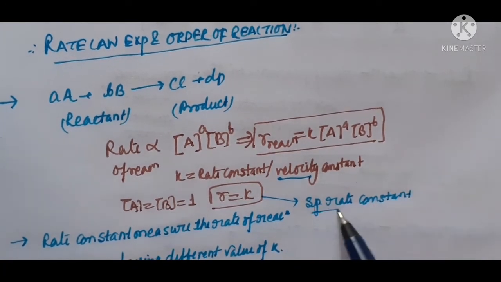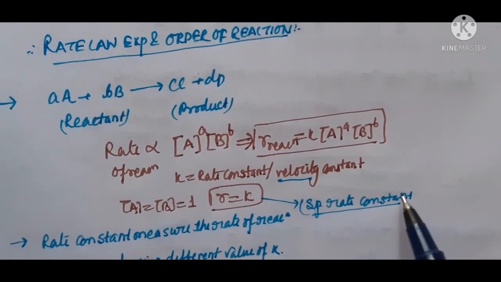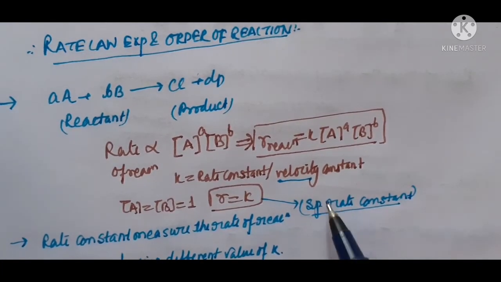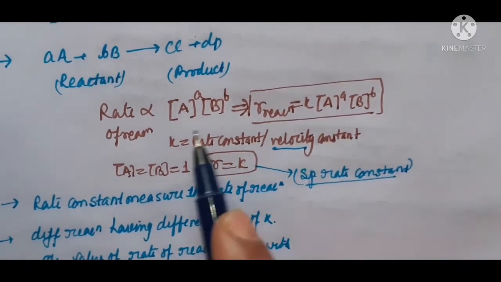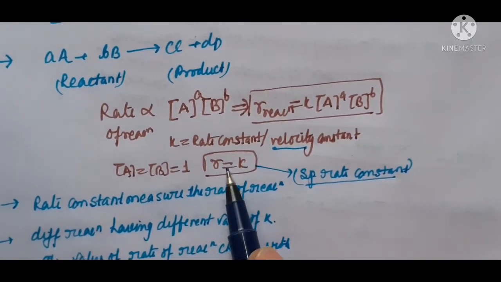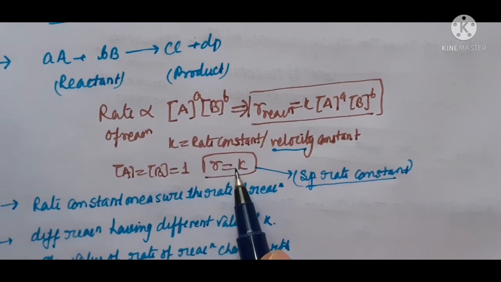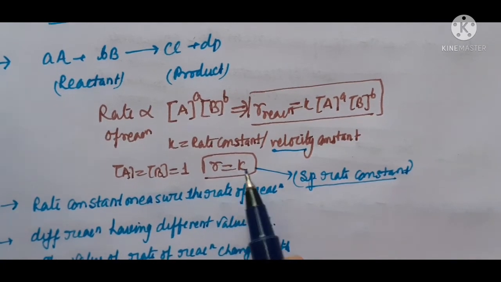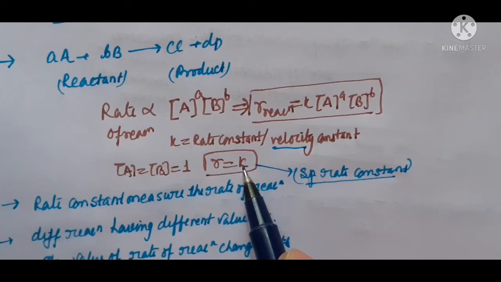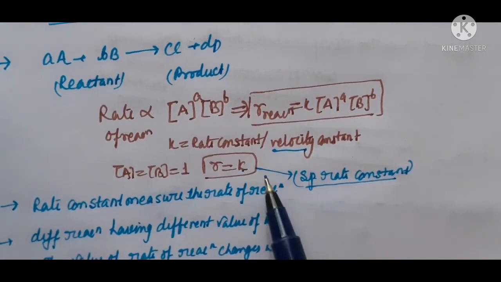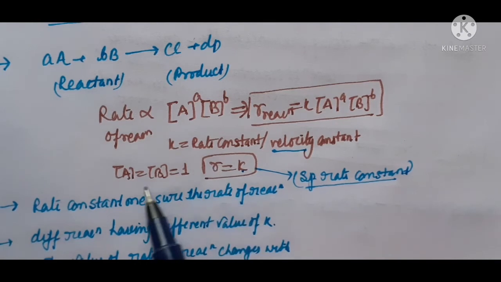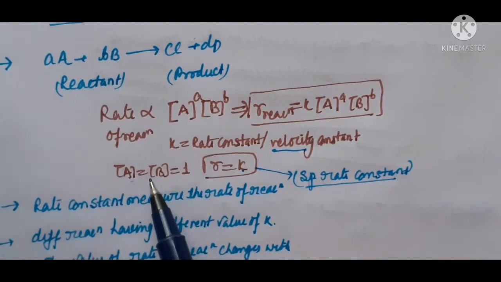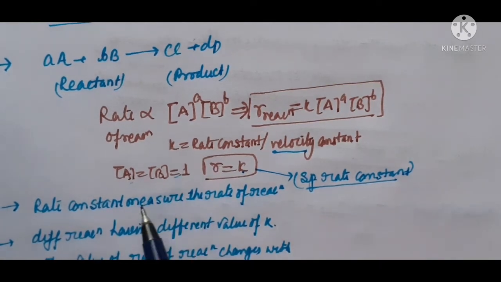Now suppose you are asked to define the term specific rate constant. How will you define it? You have to start from this particular point, R is equal to K. From this equation we can say that the specific rate constant K is defined as the rate of reaction when the concentration of the reactants is taken as unity.